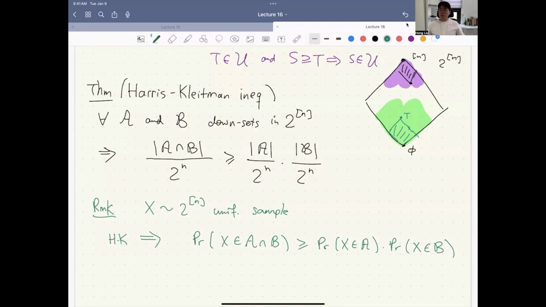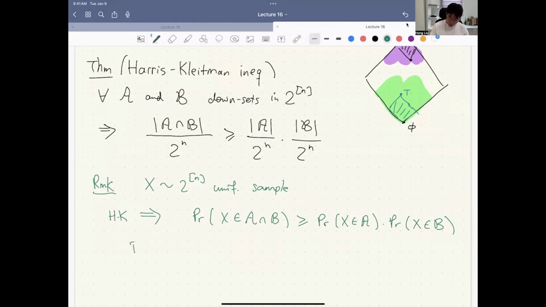Let's recall basic probability theory. It says if you have two events, A and B, and they are independent, then the probability that they both happen is exactly the product of each one of them happening. So if A and B are independent events, we have equality.